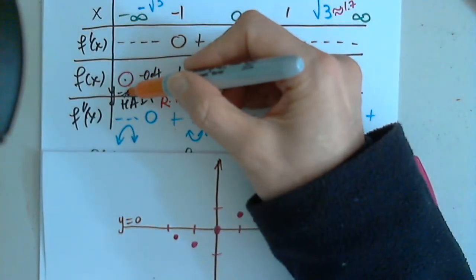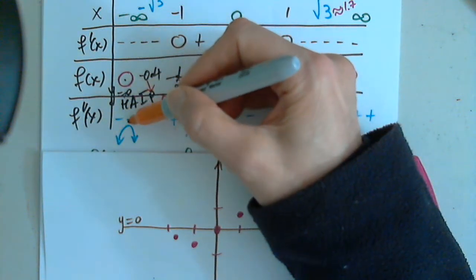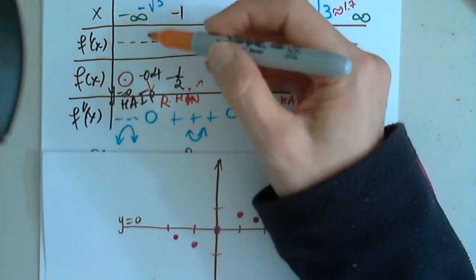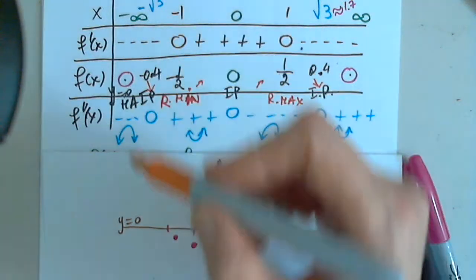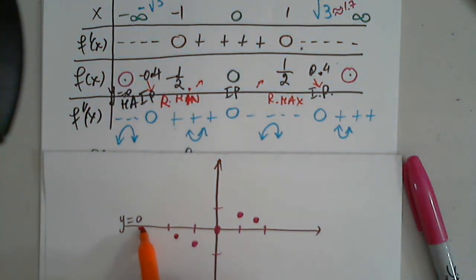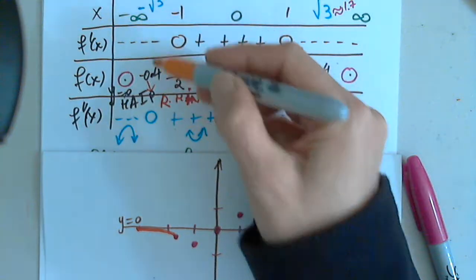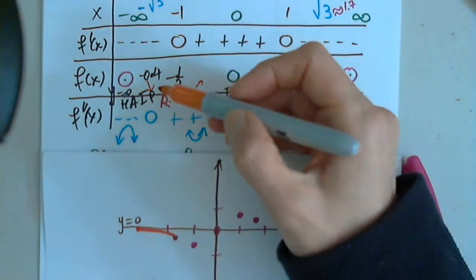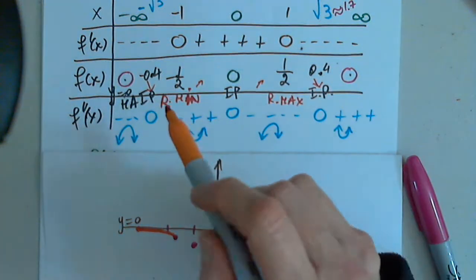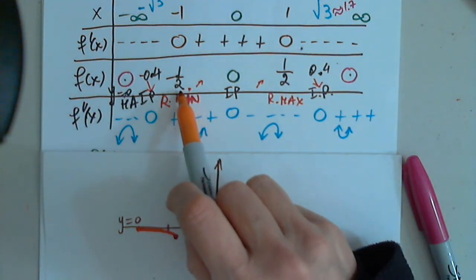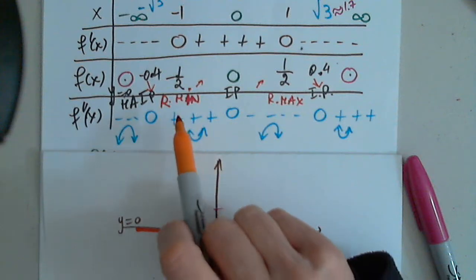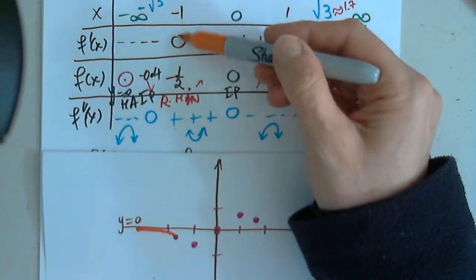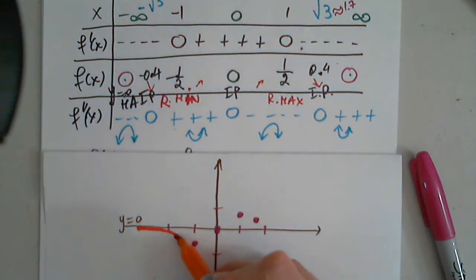From approaching the horizontal asymptote, opening down, till the first point of inflection, negative the square root of 3, negative 0.4. Where it changes concavity, it continues to decrease, opening upward towards this point that is the relative minimum.